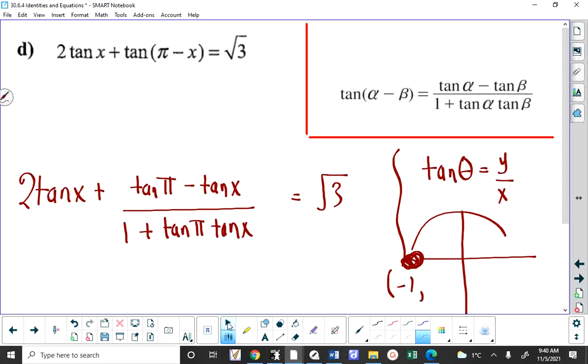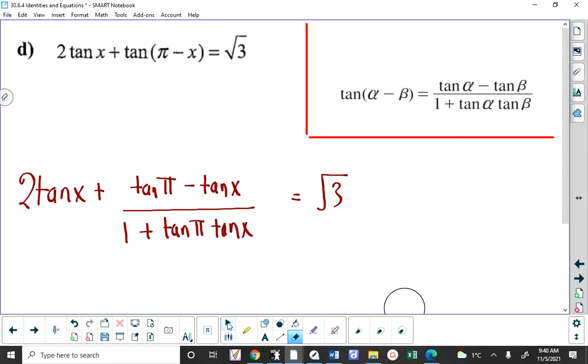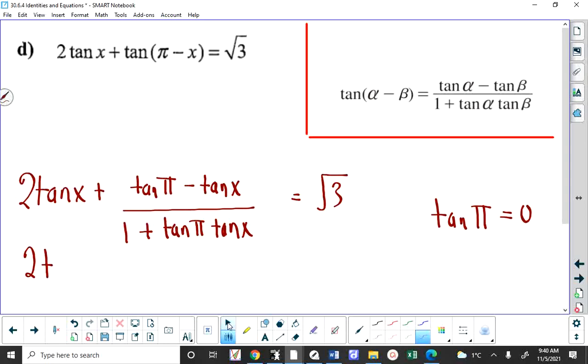This is negative 1, 0. So tangent of pi is 0 over negative 1. Tangent of pi is 0. So that means that, let's put 0 in for tangent of pi.